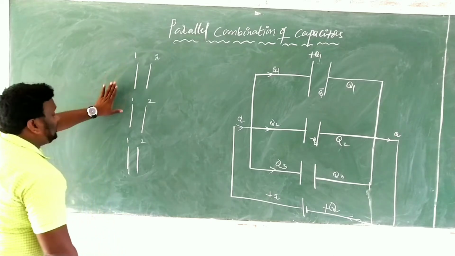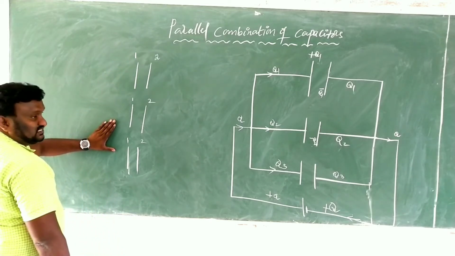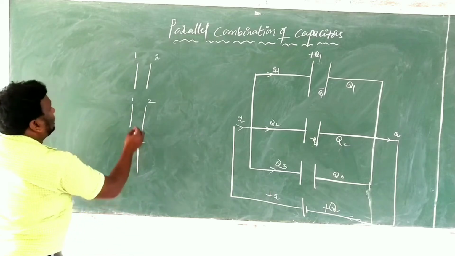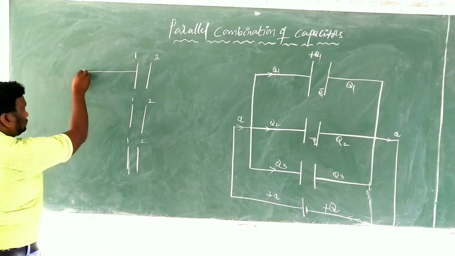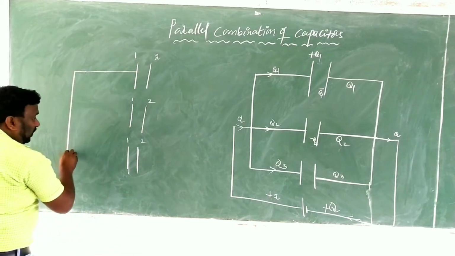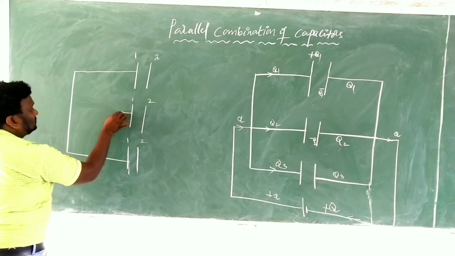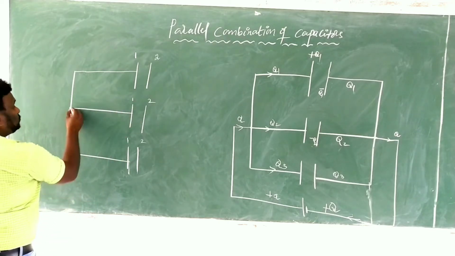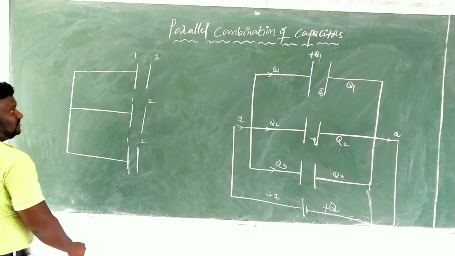First the capacitors should be arranged in parallel like this. After that, all the first plates of all the capacitors are given to one point.